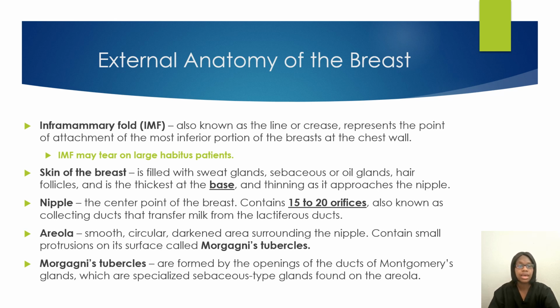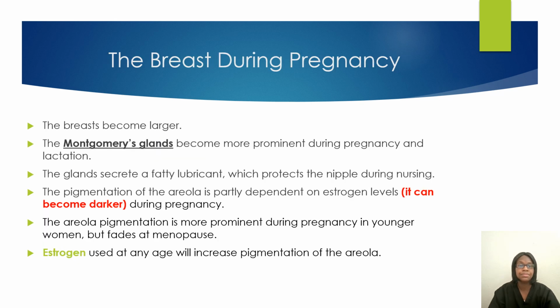You also have the skin of the breast, which is filled with sweat glands and sebaceous, or oil, glands. You have your nipple, which is the center point of the breast. It does have about 15 to 20 orifices. Also know your areola. Know that it's smooth and darkened, especially when a female is pregnant, when it can become darker. The breast also becomes larger during pregnancy.